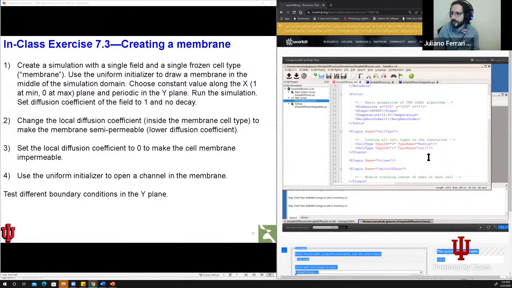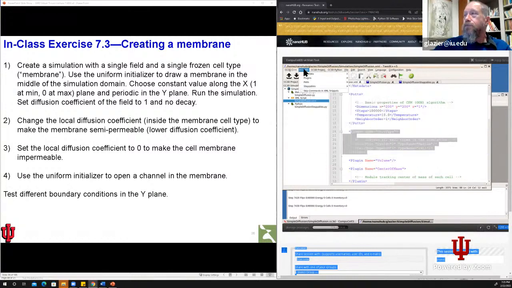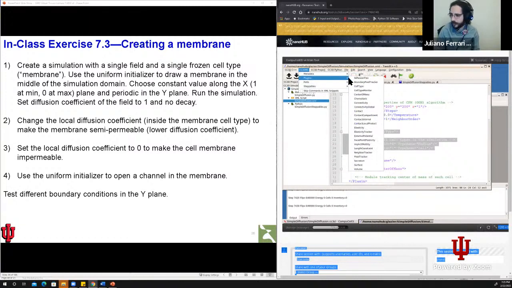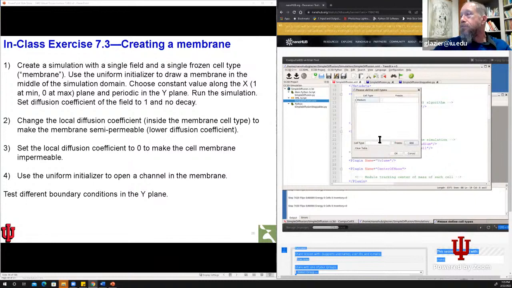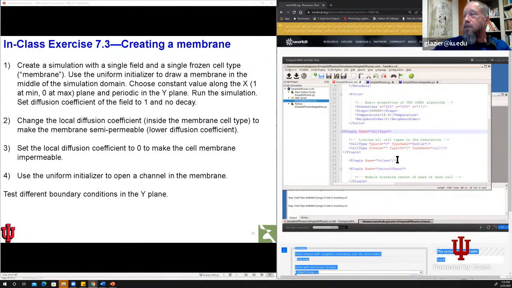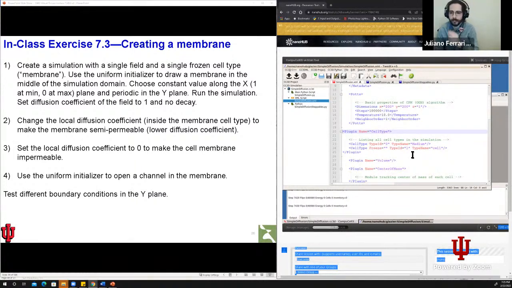Or you can use the CC3DML menu, and it will ask if you want to comment out or replace. It's going to remember the cells already there. Cell type, replace. Cell, freeze, add. Okay, that tells me what I need. Freeze, because I don't want my membrane moving in this case.